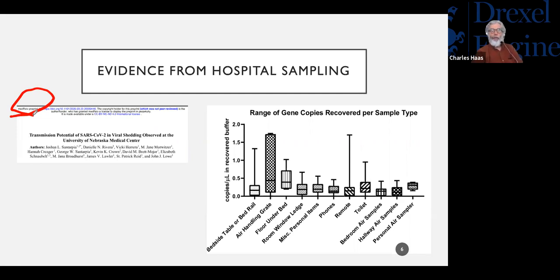But these authors at the University of Nebraska Medical Center, which was treating a number of COVID-19 patients, did environmental sampling using PCR for SARS-CoV-2 in various locations.